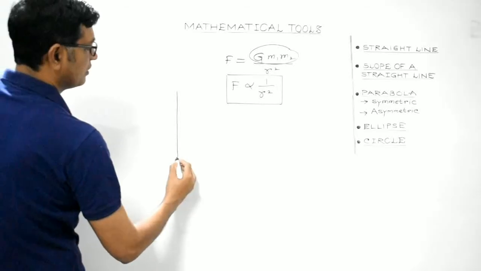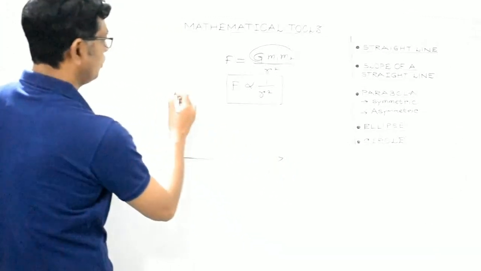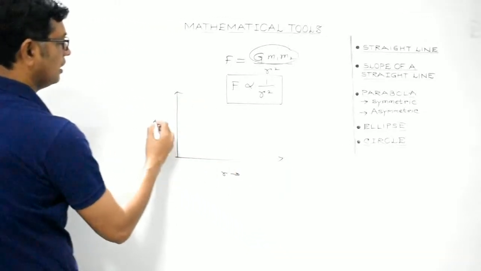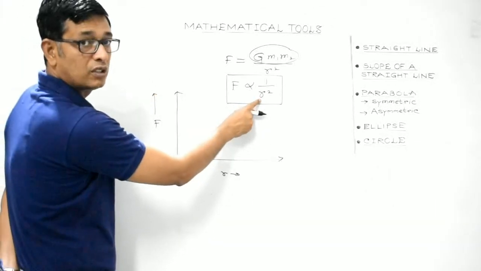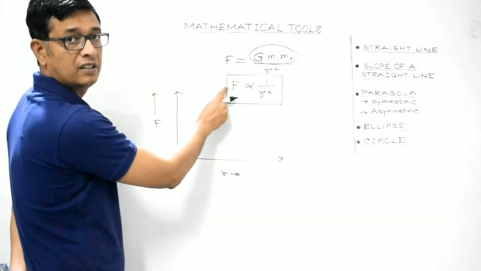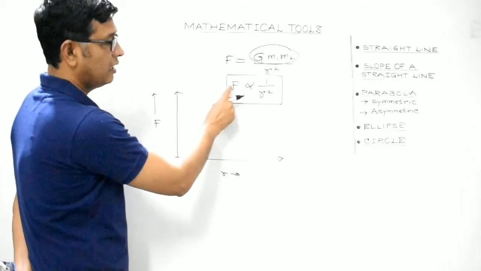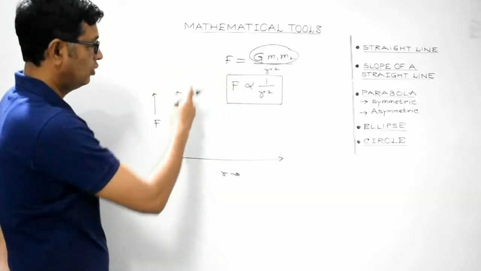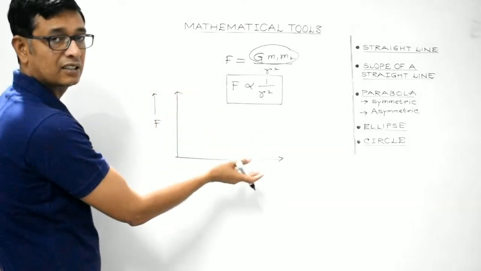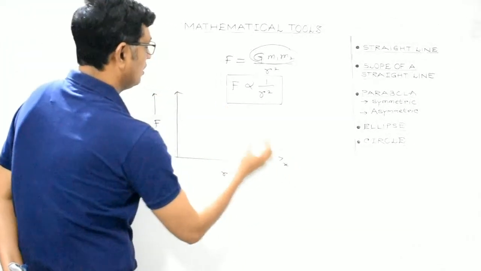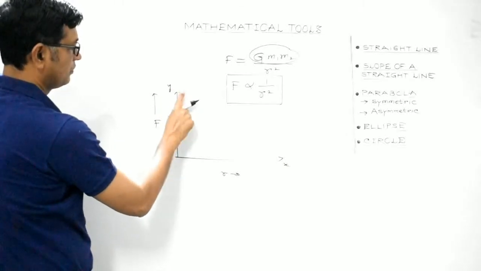It will be like this. Suppose this is r, distance, and this is force. Now look, for r equals 0, F will be infinite. For r equals infinity, F would be 0. So when we plot a graph, it won't meet either the x-axis or the y-axis. So it will be like this.